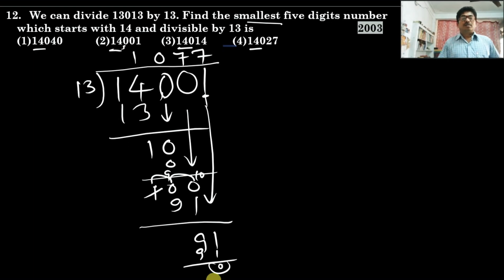So this is exactly divisible by 13. 14,001 is the smallest number, exactly divisible by 13. So that's why option 2 is correct.